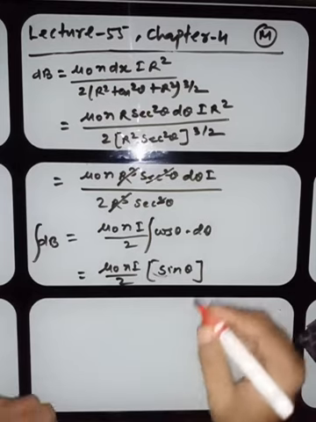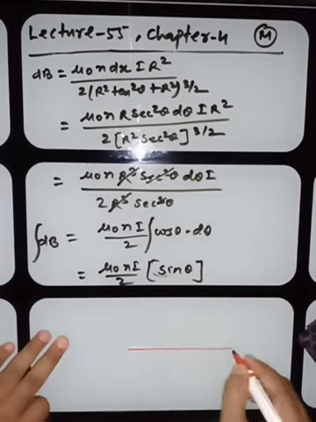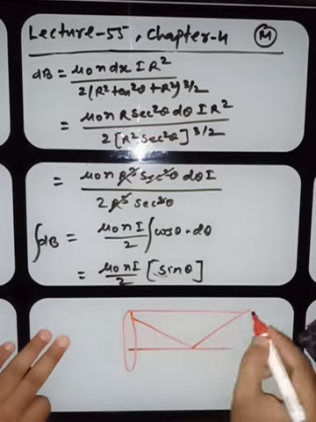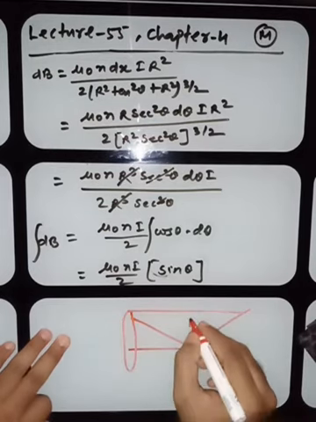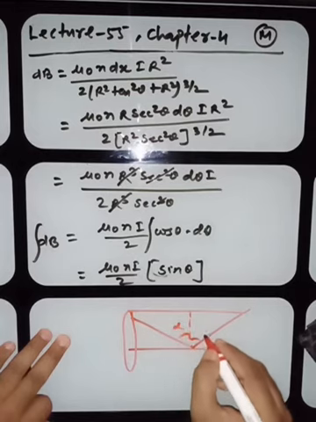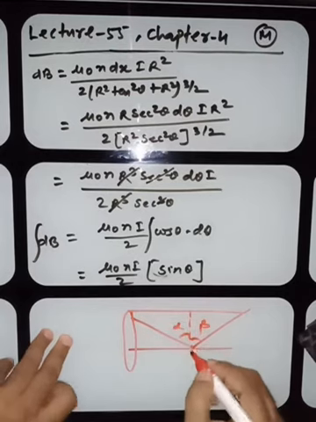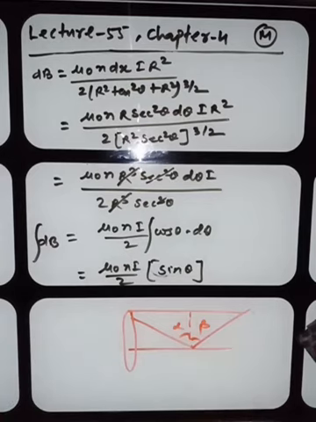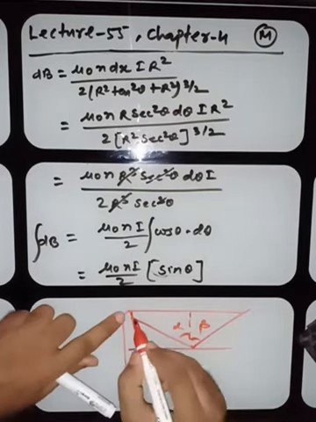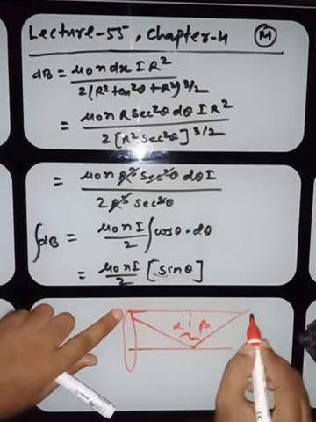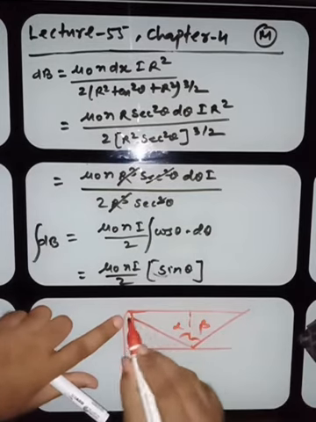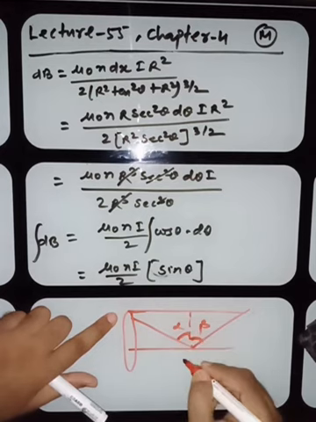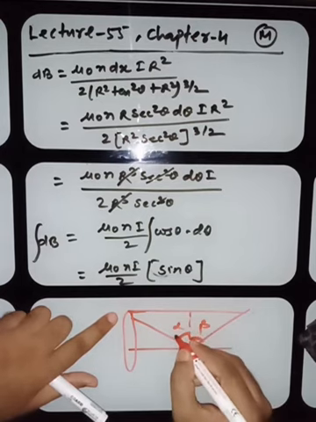As we have written for the solenoid, this was the alpha and this was the beta, and the theta started from here. So you have to take the entire solenoid. It means the angle started from here to here, but we have taken the angle in this direction.